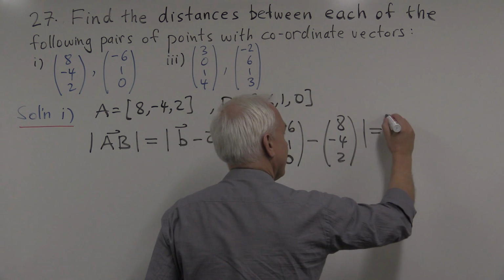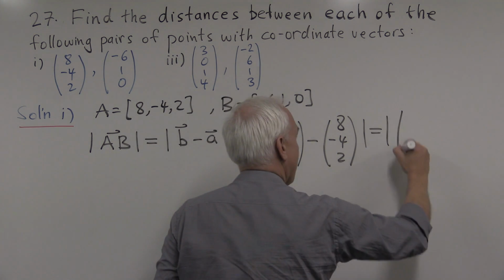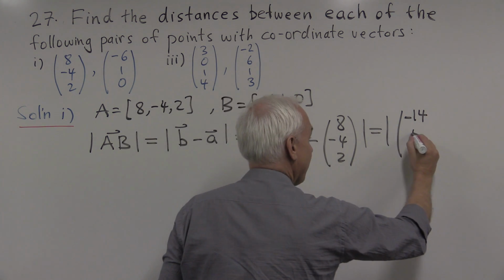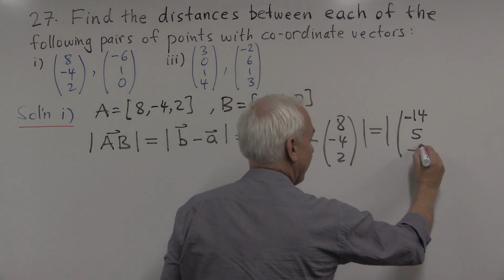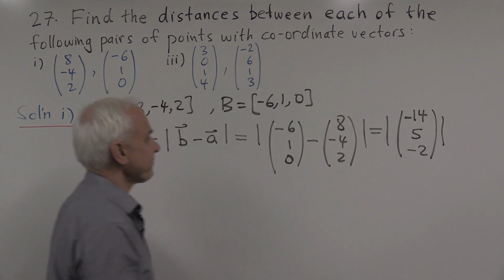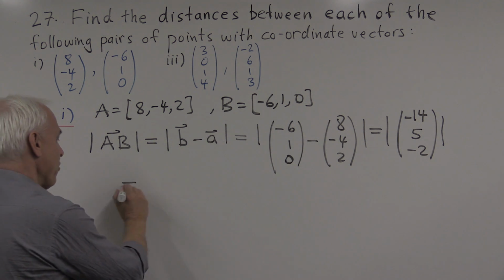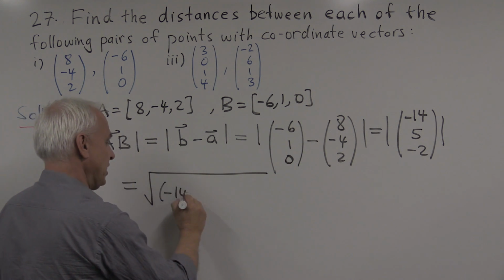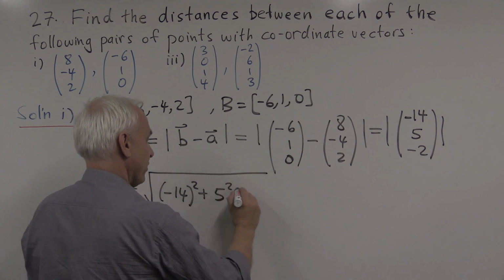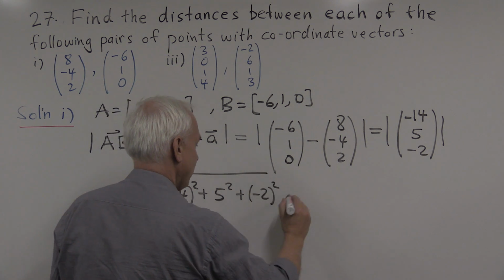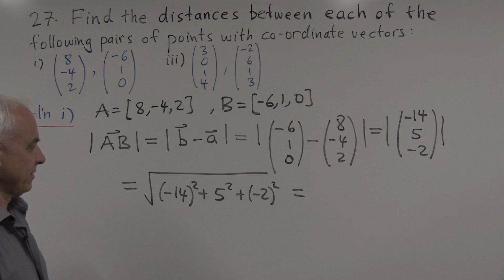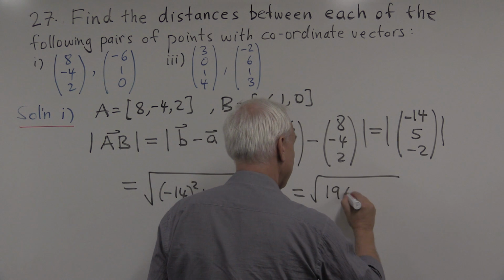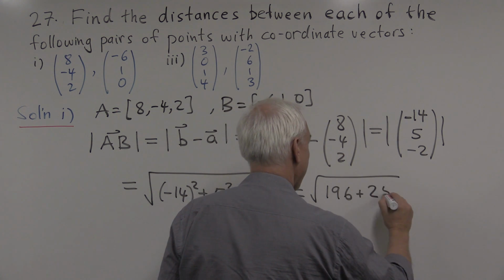All right, so we're talking about the length of the vector minus 14. 1 minus minus 4 is 5. 0 minus 2 is minus 2. And for the formula, we have the square root of minus 14 squared plus 5 squared plus minus 2 squared, which is, well, 14 squared is 196. 5 squared is 25.